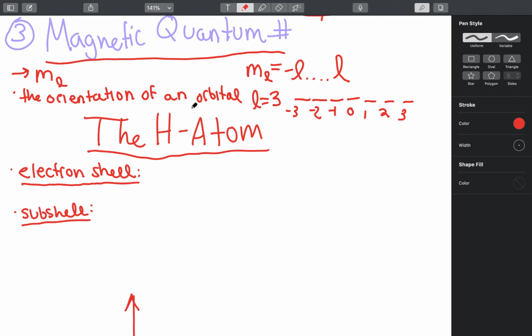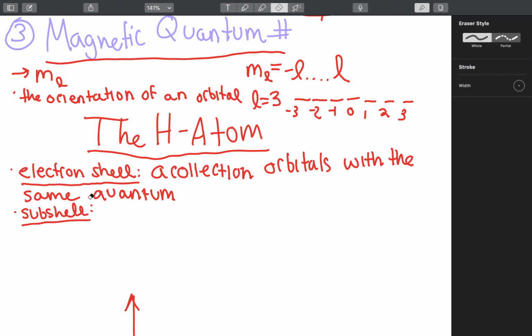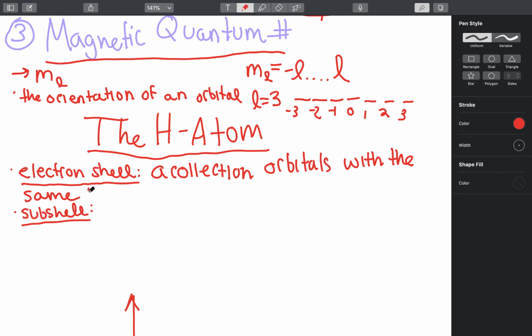And an electron shell is a collection of orbitals with the same principal quantum number.